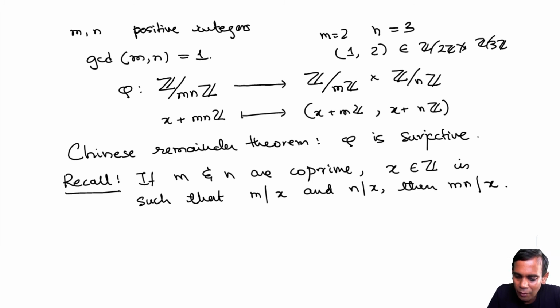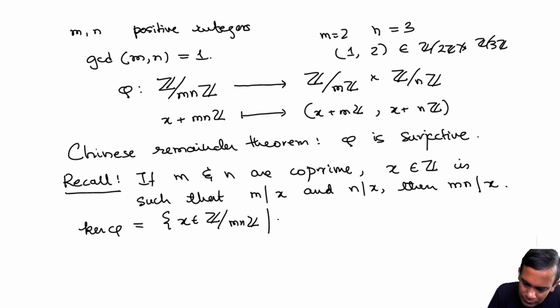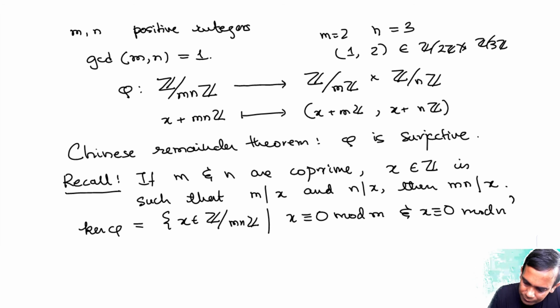Now, what is this really saying about phi? What this is saying is that the kernel of phi, what is the kernel of phi? Kernel of phi is x belongs to Z mod mnZ such that x is congruent to 0 mod m and x is congruent to 0 mod n.